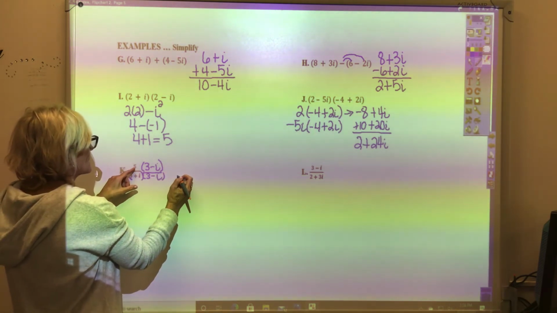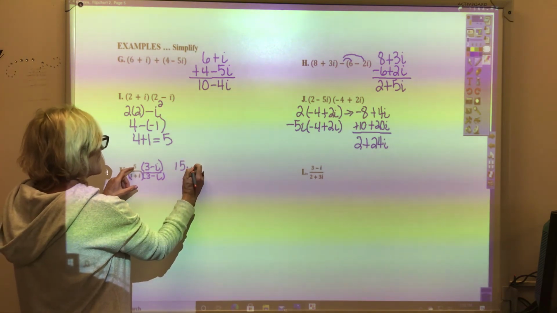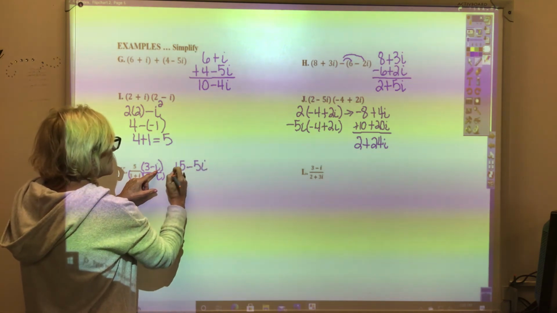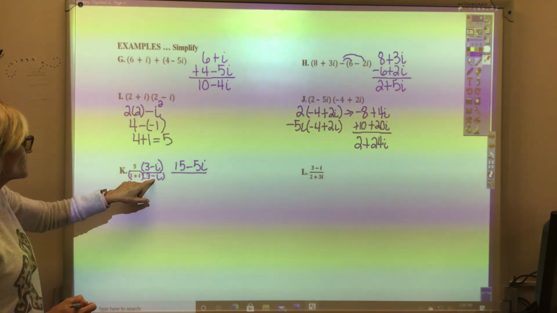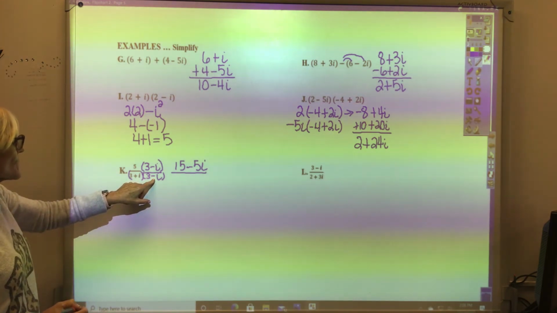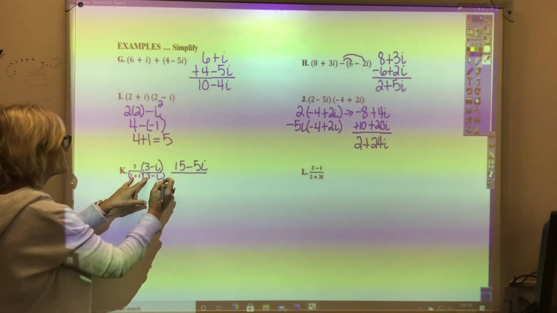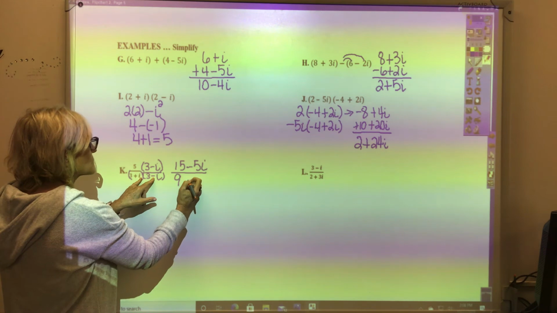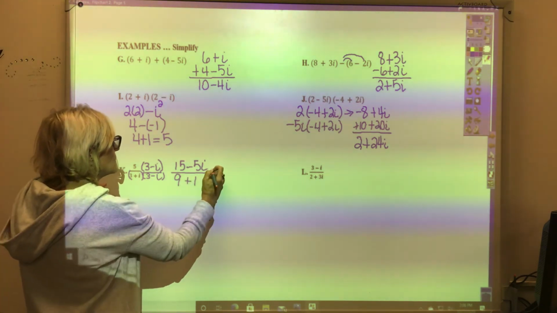So on the top, we would have 5 times 3 would be 15 minus 5 times i is 5i. On the bottom, when you multiply conjugates, notice it's the sum and the difference of two terms. So you take the first two together, 3 times 3 is 9, minus i squared, so that would be plus 1.